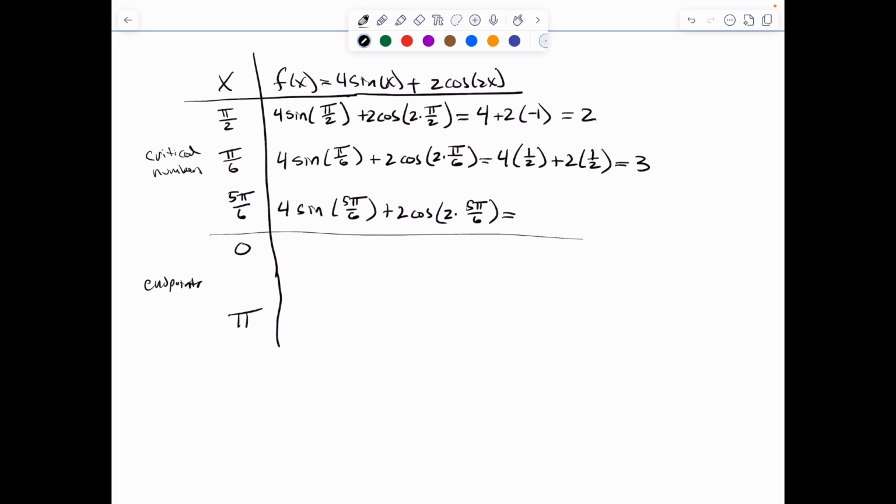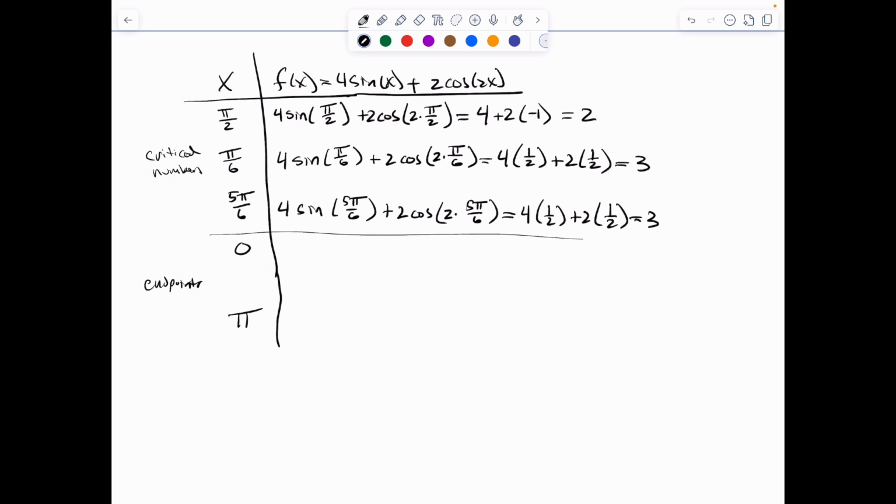That's 10 pi over 6, which is the same as 5 pi over 3. The cosine of 5 pi over 3 is positive 1/2. So 4 times 1/2 plus 2 times 1/2, which is also 3.